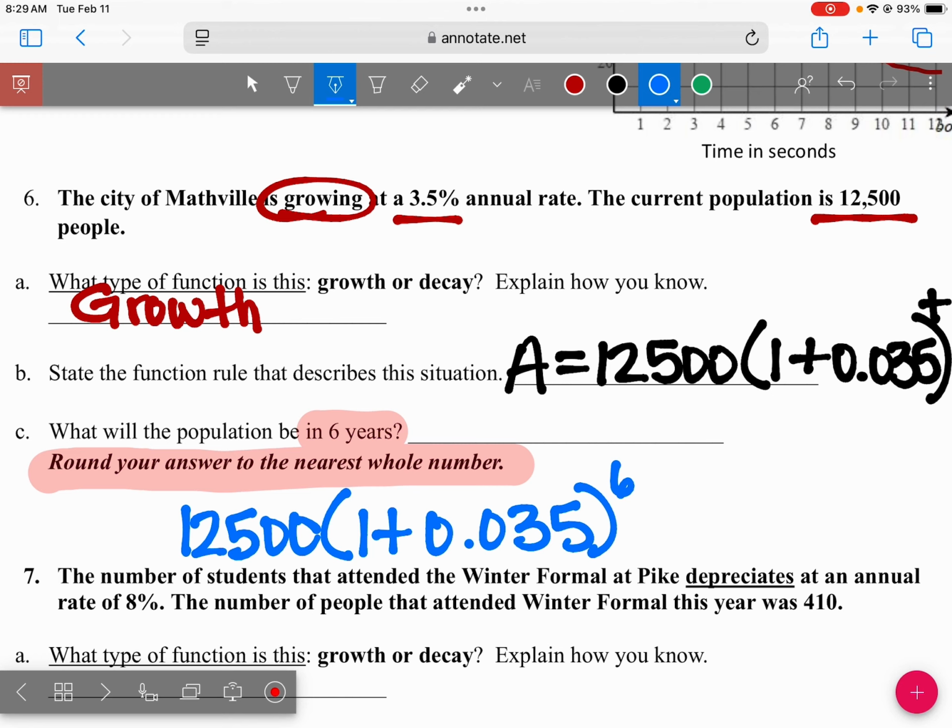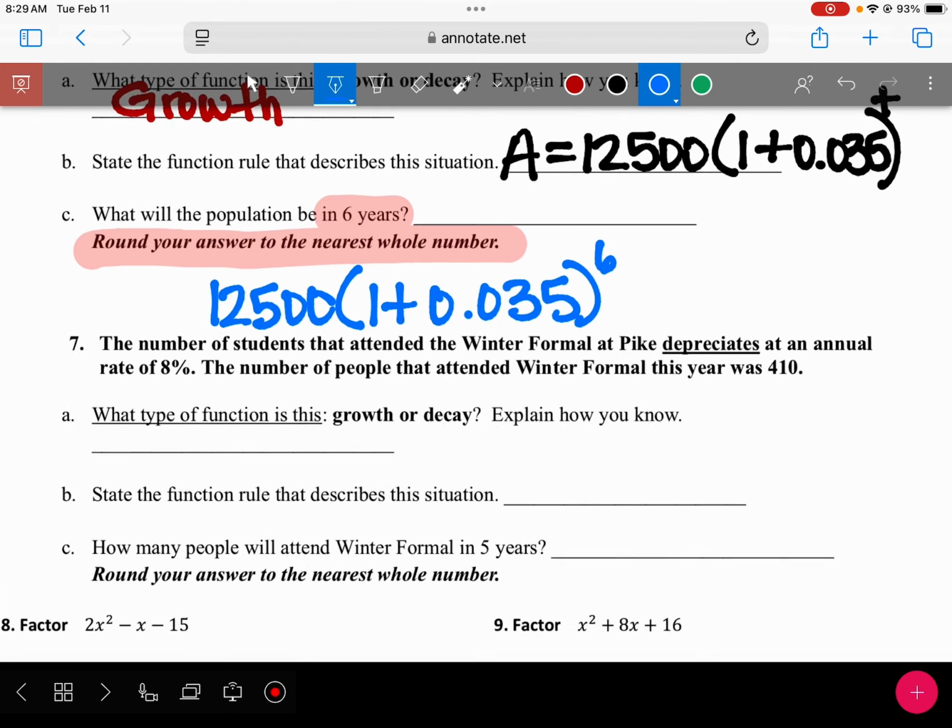When it says a whole number, that means no decimal. So I'm gonna let you all do that one on your own.